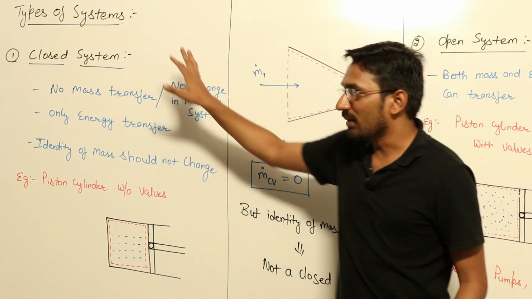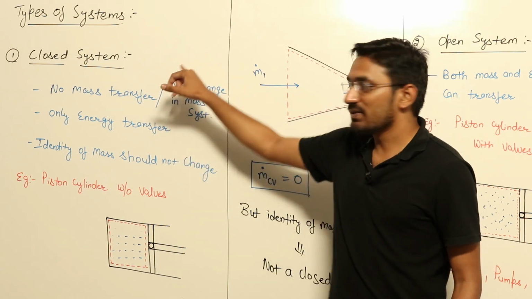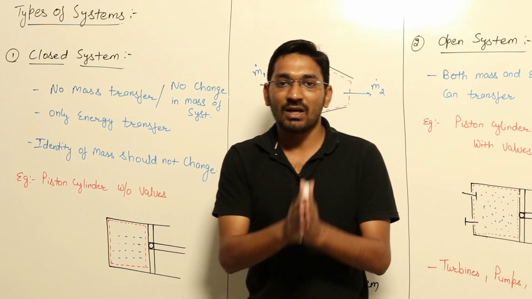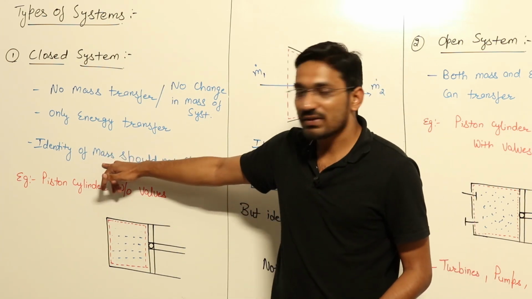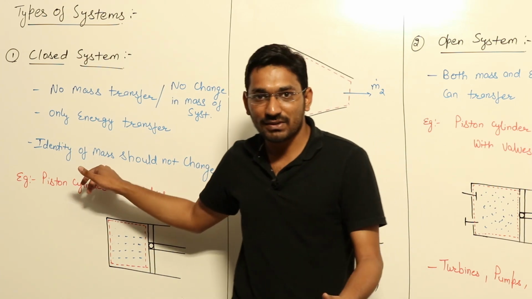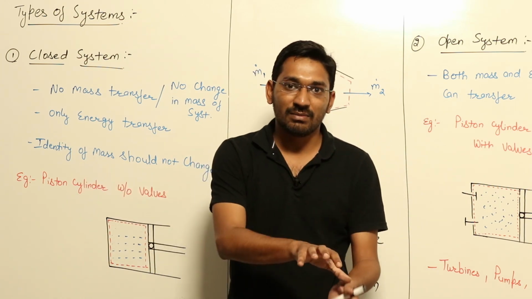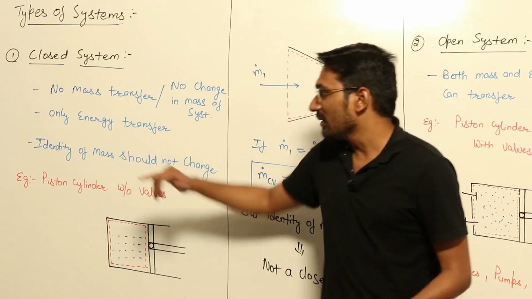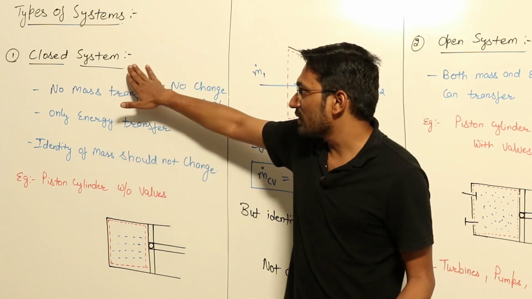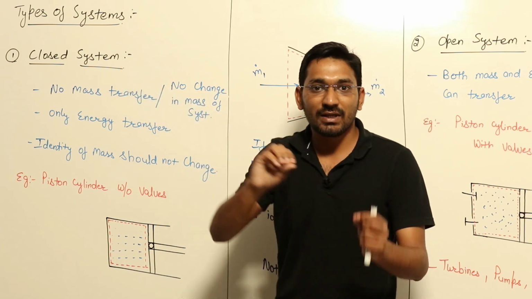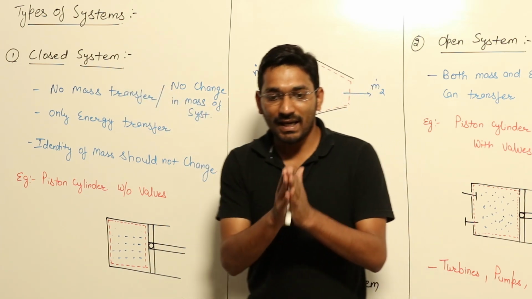So in a closed system, the net mass of the system will not change. And also the identity of the mass present inside the system will not change. What that means, we'll discuss later on.